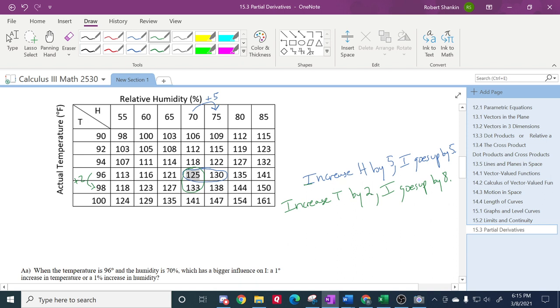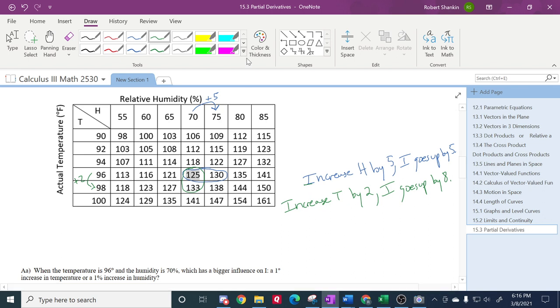Should I go 5, 5, 2, 8, or should I combine it into like one number for each? I would say that you should normalize H and T so that they're 1. So it would be like the partial derivative of I with respect to H. Good anticipation.